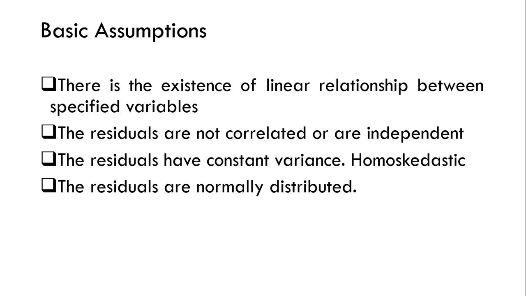Likewise, it is expected that the residuals in the model have constant variance. The constant variance is to identify whether your variables are homoscedastic or not. Likewise, the residuals are also expected to be normally distributed.